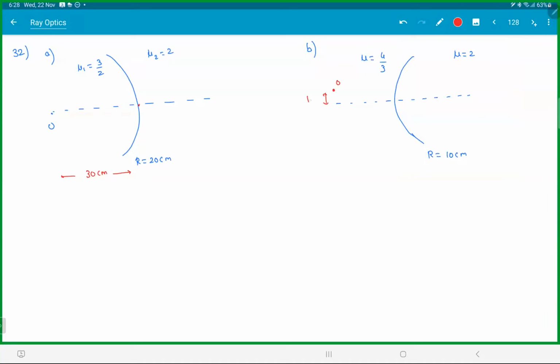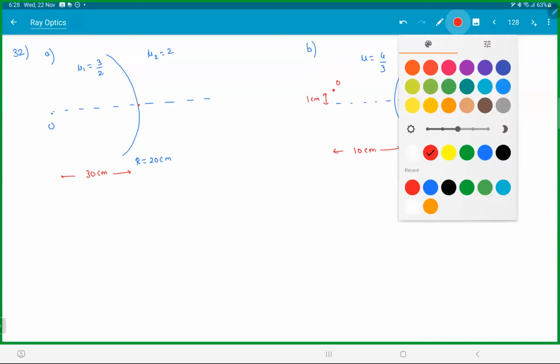Part B: object is here at a height of 1 centimeter. This is 10 centimeter. Find the position of the image.